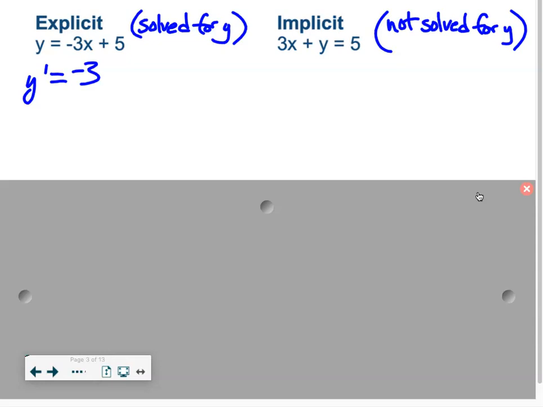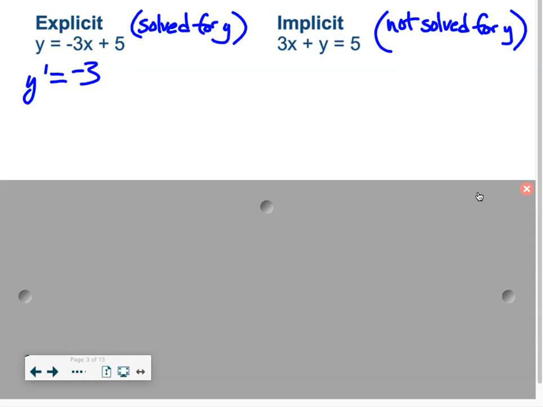So here's the thing. If I have an equation, can I just add 3 to the left and have a good equation? What do I have to do if I do something to an equation? I gotta do it to both sides, right? So if we have the equation y equals negative 3x plus 5, you can't just take the derivative of the right side and not take the derivative of the left side.